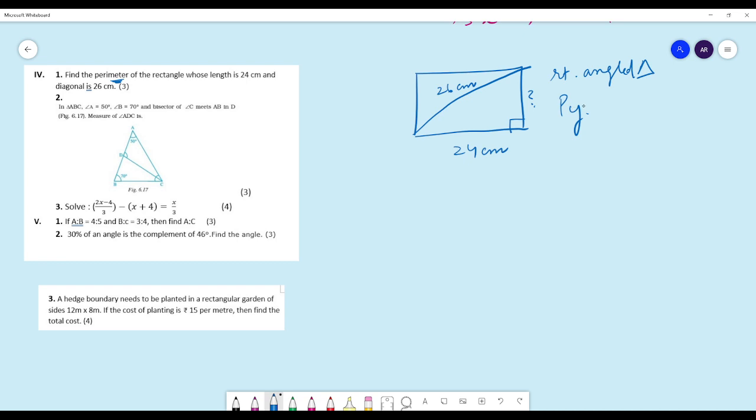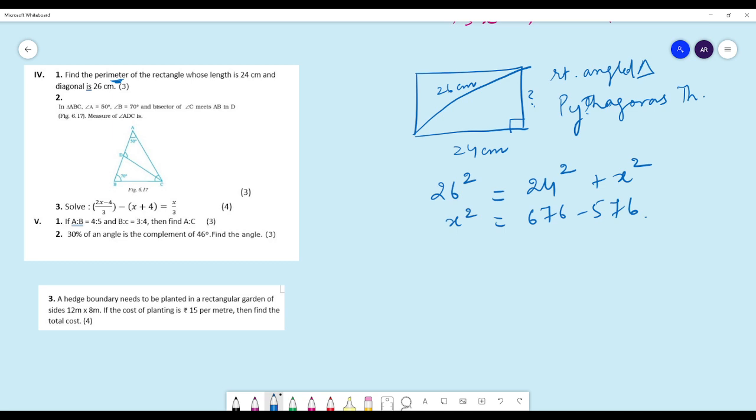So if your concepts are clear, you will immediately be reminded of Pythagoras Theorem, right? So in Pythagoras Theorem, this becomes the hypotenuse. So this is like 26 square equals to 24 square plus x square, right? So if you're finding out x square, it becomes 26 square is 676 minus 576.